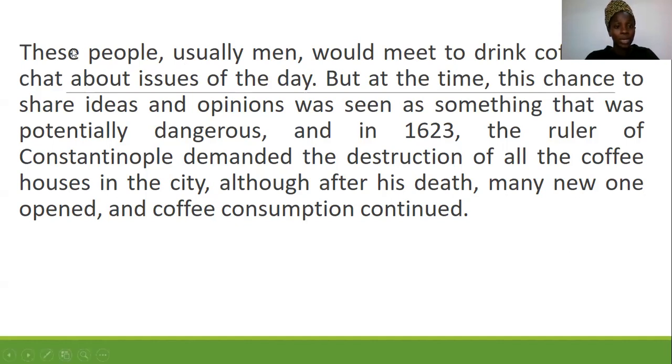So you see it reads, these people, usually men, would meet to drink coffee and chat about issues of the day. But at the time, this chance to share ideas and opinions was seen as something that was potentially dangerous. And in 1623, the ruler of Constantinople demanded the destruction of all the coffee houses in the city. Although after his death, many new ones opened and coffee consumption continued.